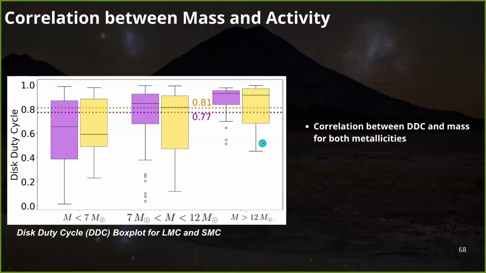More massive stars tend to harbor disks for longer, and as we go to less massive siblings, we see that this fraction falls to almost half of the light curve time.